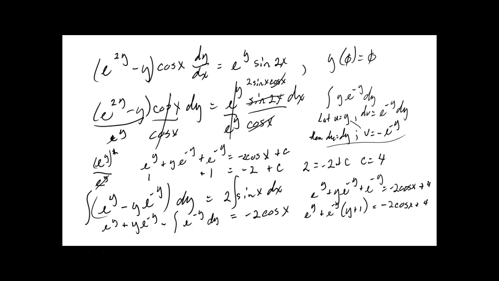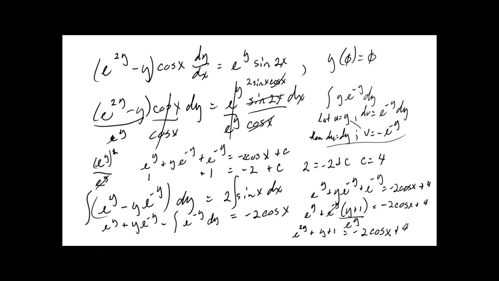You could go back and put this e to the minus y in the denominator as e to the y, and then you go back to having e to the 2y plus y plus 1 is equal to minus 2 cosine x plus 4. Now, I can't think of any other way to write it.